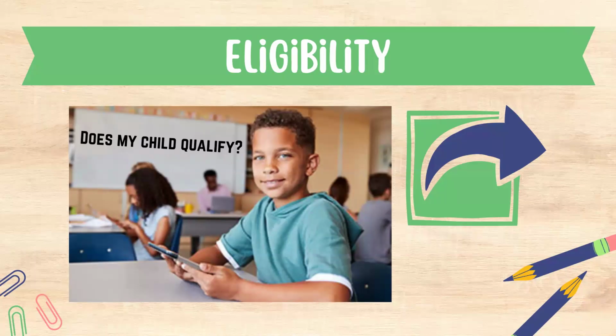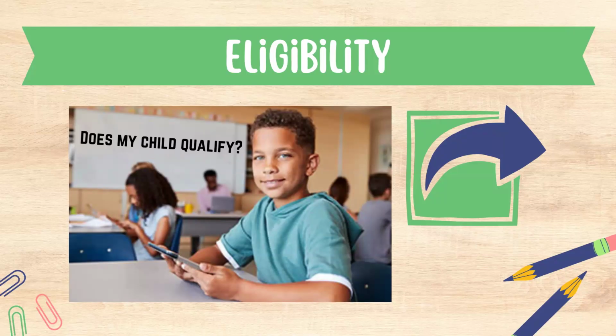However, Section 504 does not require that the child's educational performance be adversely affected. So even if your child is getting good grades, he or she may qualify for a 504 plan if he or she is substantially limited in some other major life activity at school.